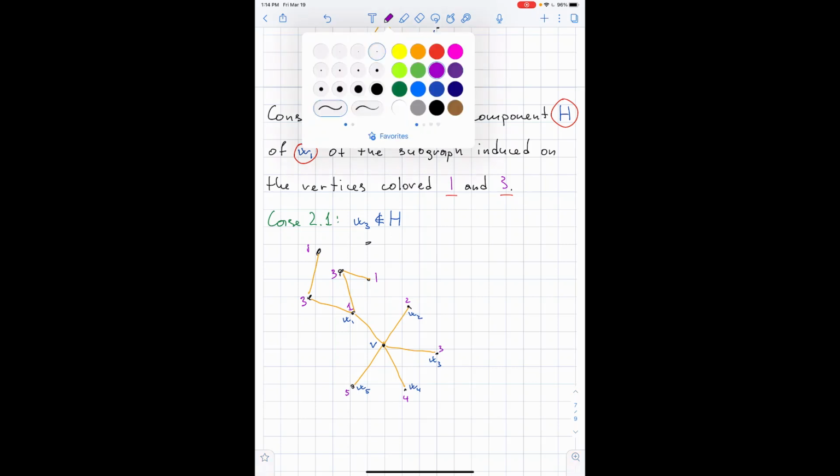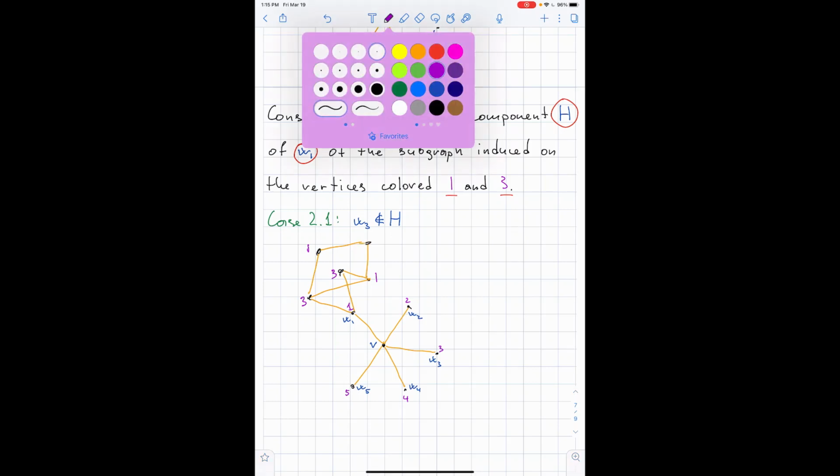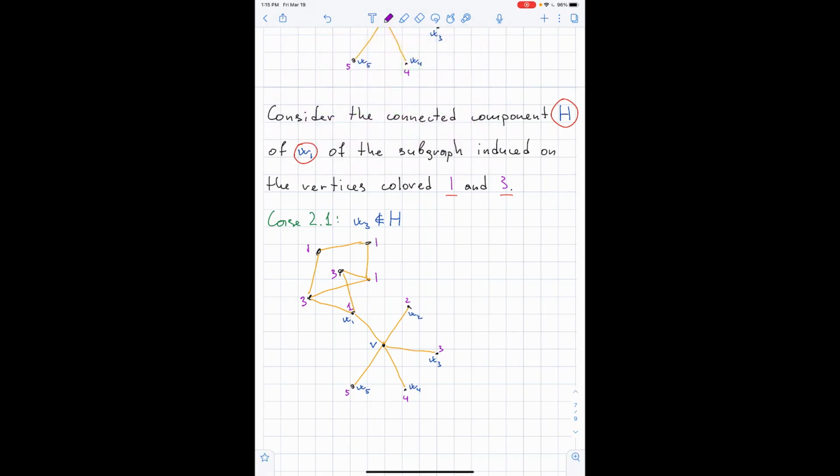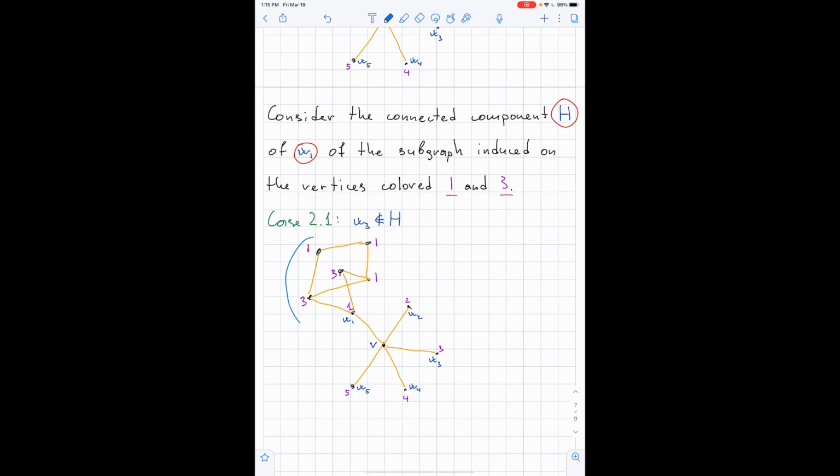Maybe there are some other connections like that, and more vertices attached like that. Then this has to be colored in 1. Anyways, we just consider the vertices that are colored in 1 and 3, and we consider the connected component of the resulting graph containing W1.